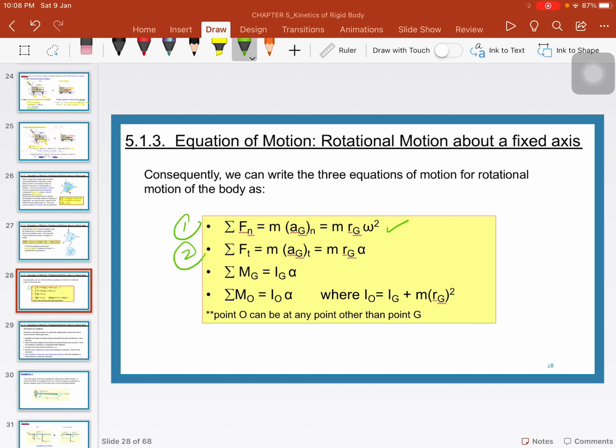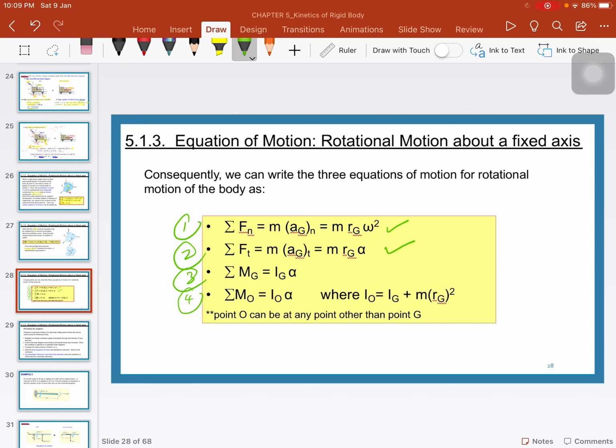Second, summation of Ft equals M AGT equals M RG alpha. Third, summation of moment at G equals IG alpha, and summation of moment at O equals IO alpha.